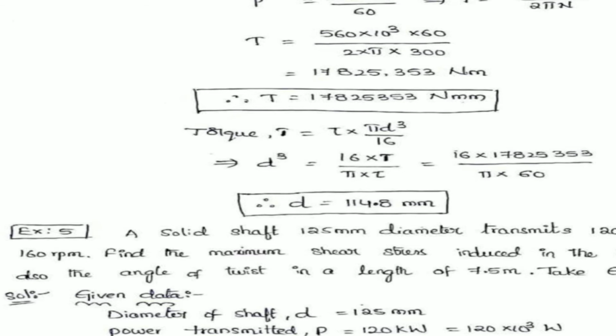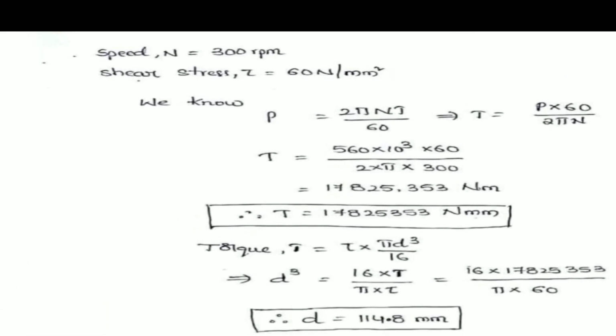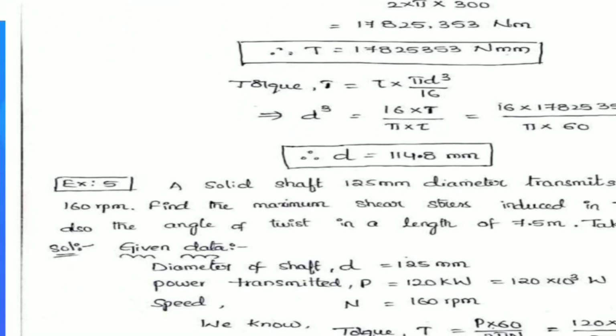Finally, 16 into T, T means torque, 178253 Newton meter by pi into tau. Tau is already given, 60 Newton per mm square. Finally, D is equal to 114.8 mm.